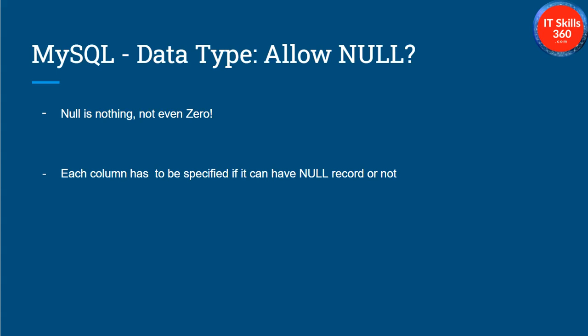But if you say don't allow, then when you are entering data, it will complain, meaning it will say, hey, I need data in this particular field because it is not allowing null. It has to have something there. So we'll see when we actually enter data, but this is a very good and key concept to be considered.